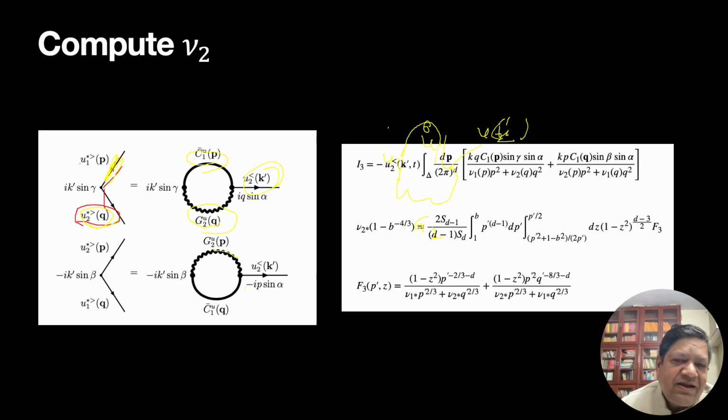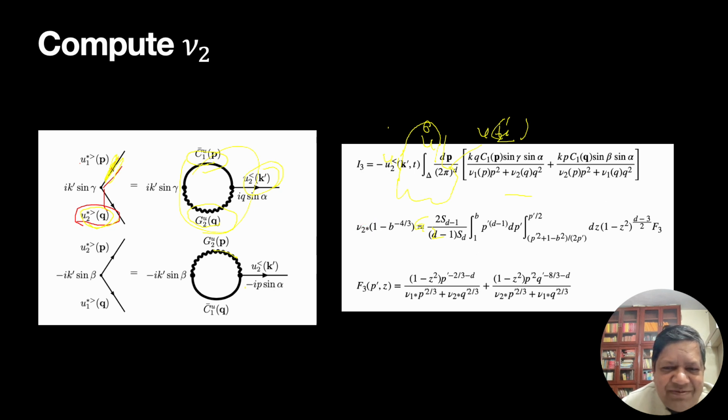So the integral here, I3, coming from these integrals, is here. Exactly the same thing we need to do as before, and we get nu2. Oh, I'm sorry, I forgot square here. No square. Apologies, no square.